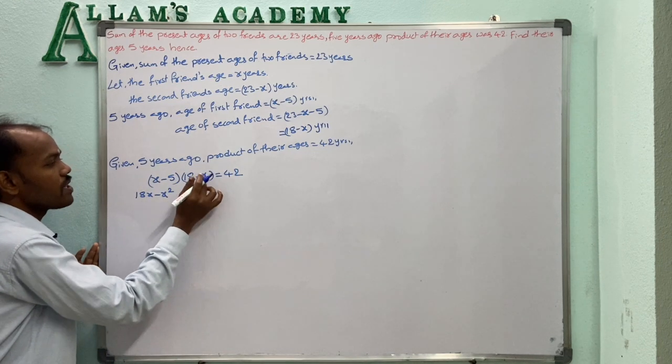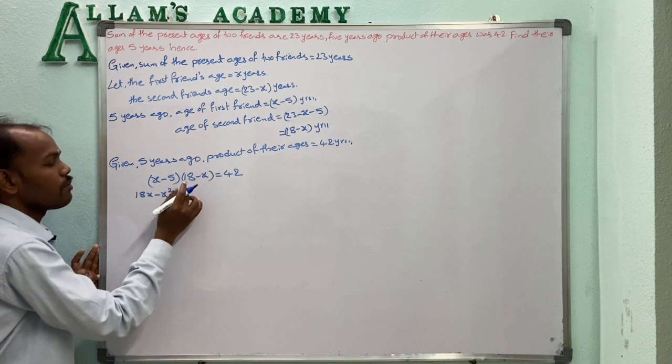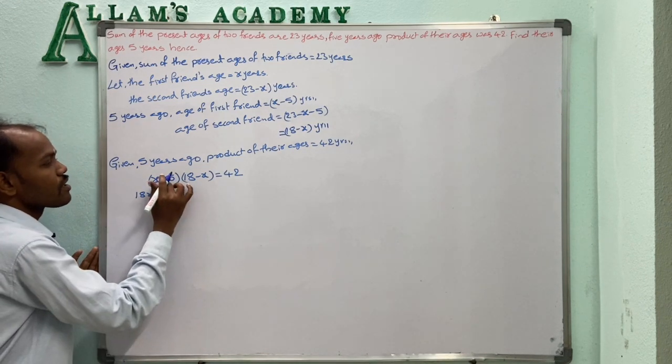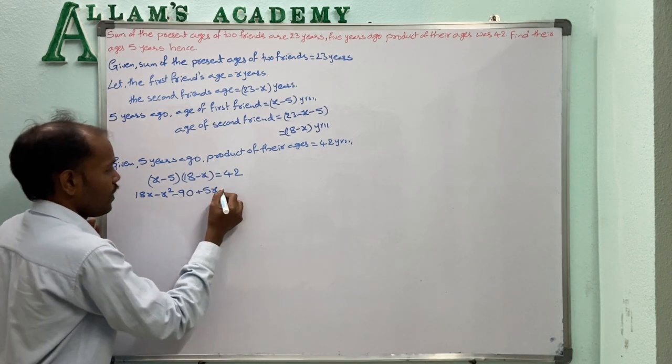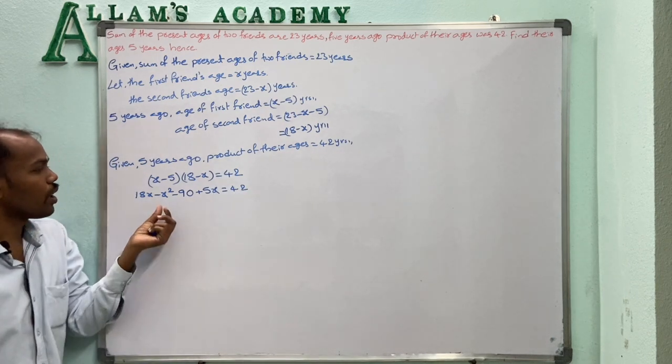Next, minus 5 multiplying with 18 minus x: minus 5 into 18 is minus 90, and minus 5 into minus x is plus 5x, equal to 42.